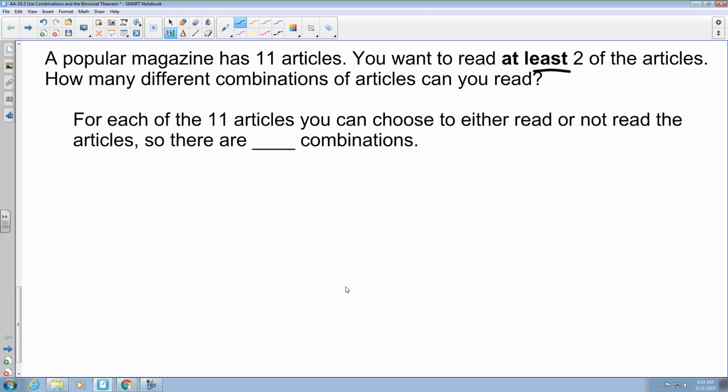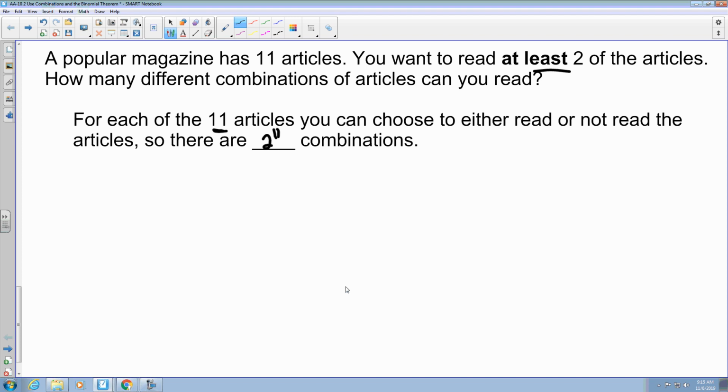So here's how you tell how many different combinations there are. You're going to take 2, which stands for the two choices for each object, and you're going to raise it to how many objects there are. Since there are 11 objects, you raise it to the 11th power.